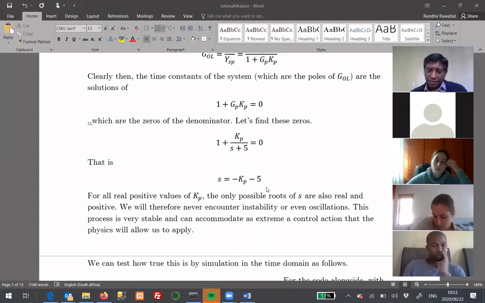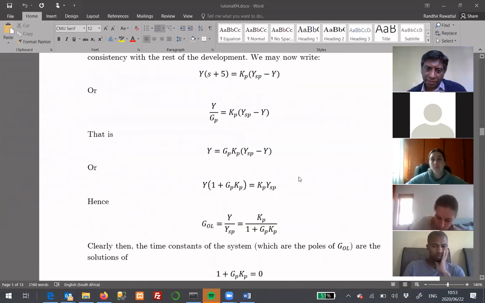So that's nice and stable. And there are no imaginary parts here, so no oscillation is possible. And as we increase kp, it only gets more negative, and it doesn't ever become imaginary. So for this problem of a first order decay, we will always have stable, non-oscillating solutions.